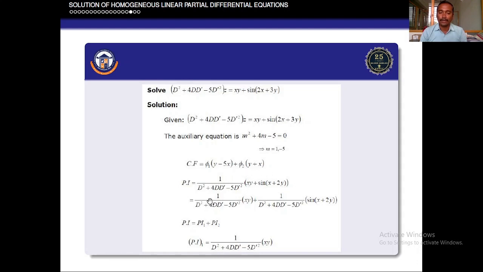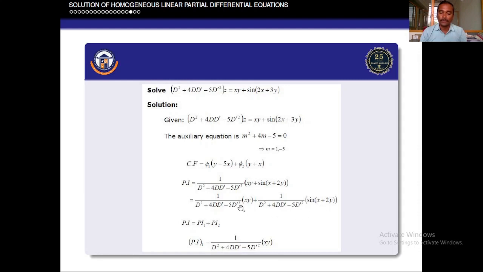Now the particular integral calculation: 1 divided by f of D into the right side function, xy plus sin of (x + 2y). So there are two functions, so first separate it. The first one is 1 divided by (D² + 4DD' − 5D'²) into xy. The second one is 1 divided by (D² + 4DD' − 5D'²) into sin of (x + 2y).